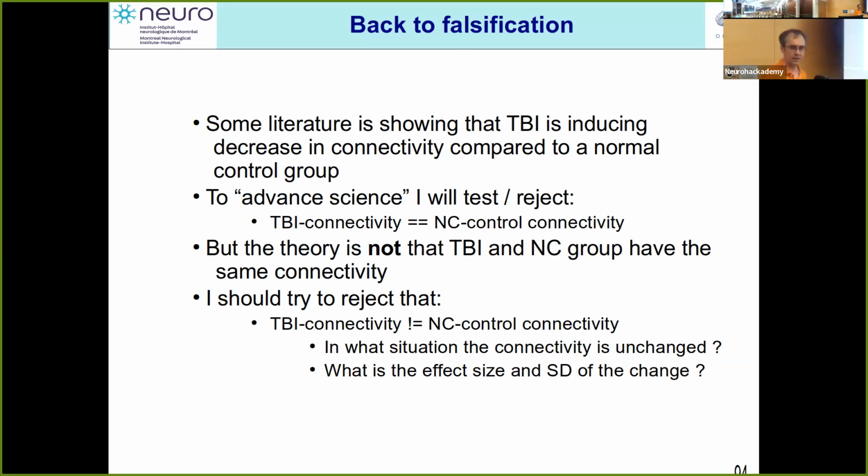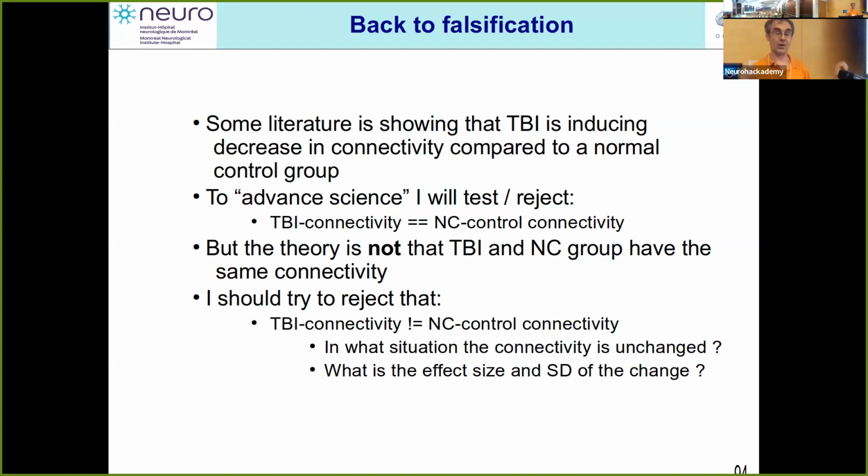I want to come back to the original question, since I'm running out of time. Some literature is showing that TBI induces a decrease in connectivity compared to the normal control group. So to advance science, I should try to reject that the TBI connectivity is the same as the normal control group, but the theory is not that it is the same.